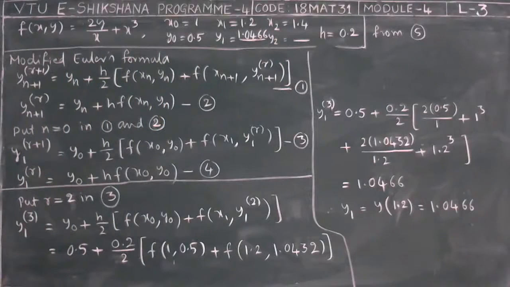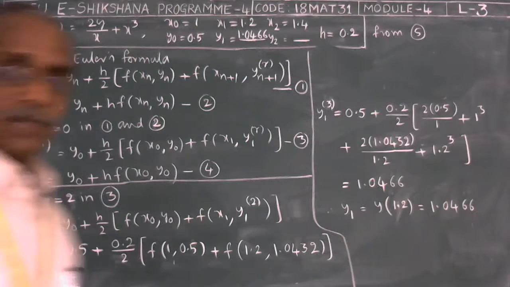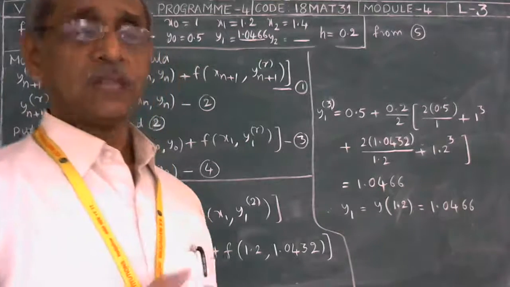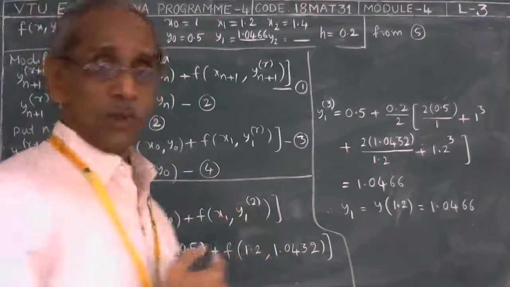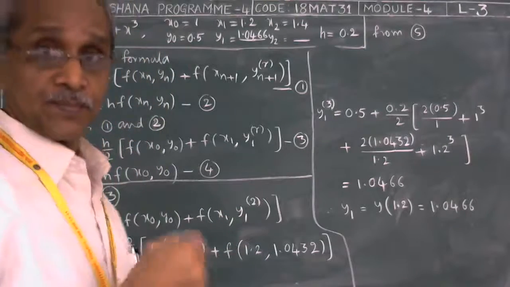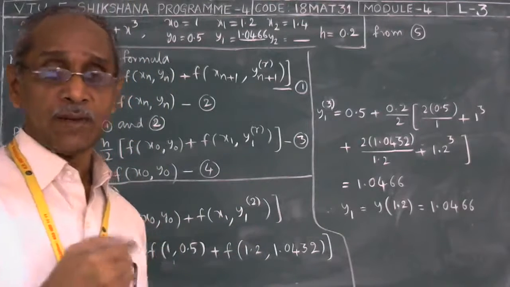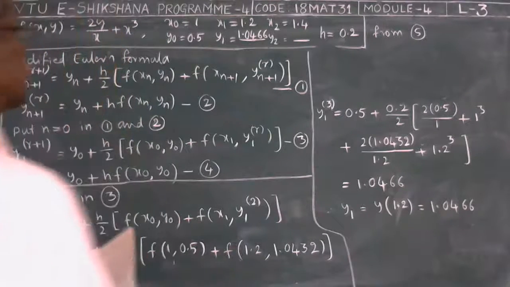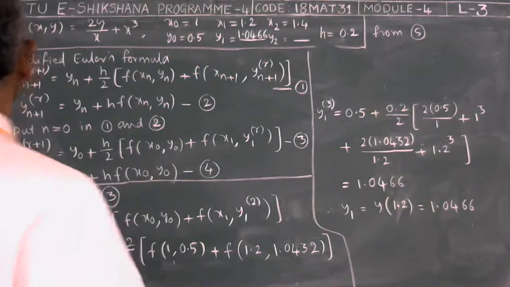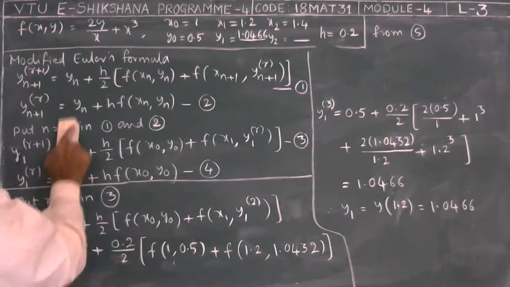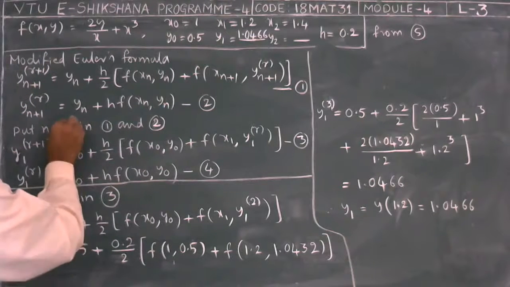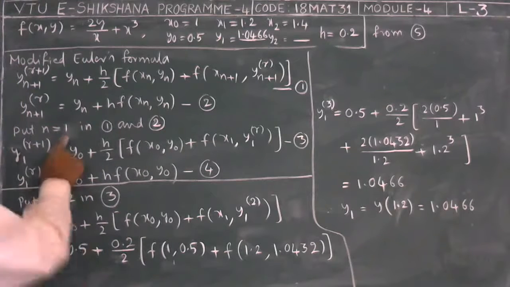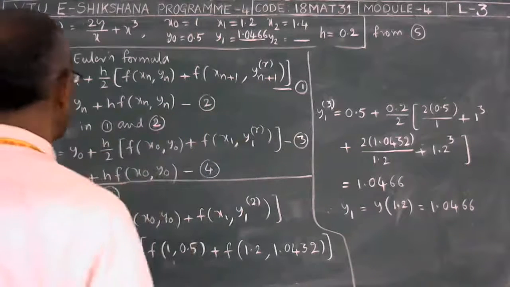So next I have to compute y at x is equal to x2, that is at x is equal to 1.4. So I have to find y2. How do I get y2? By replacing n by 1 in 1 and 2. Put n is equal to 1 in 1 and 2.